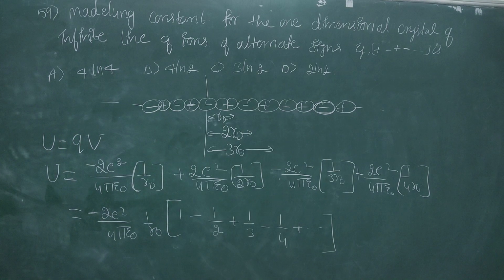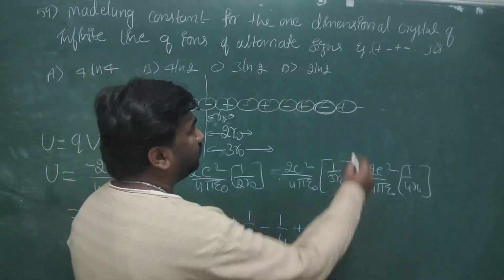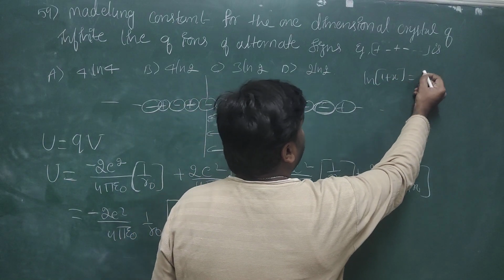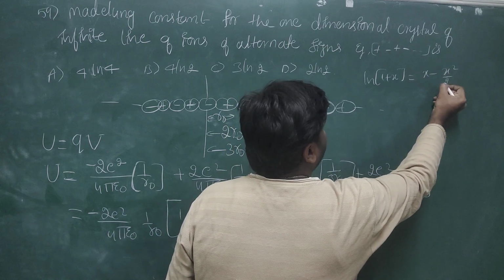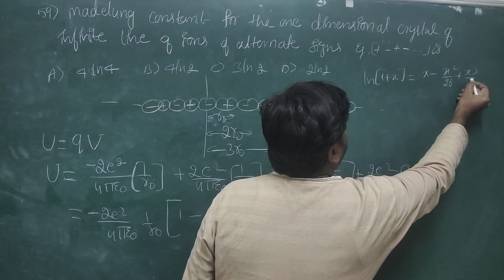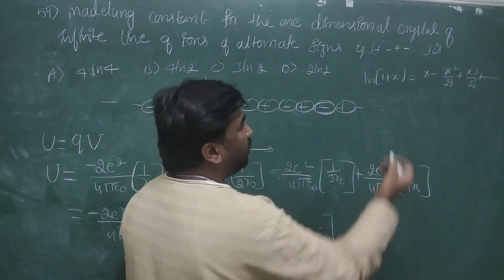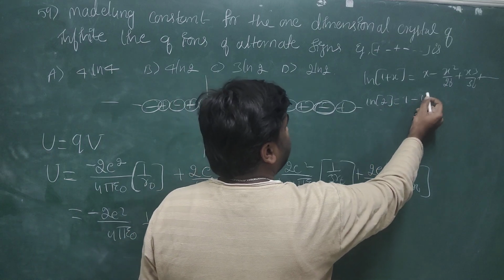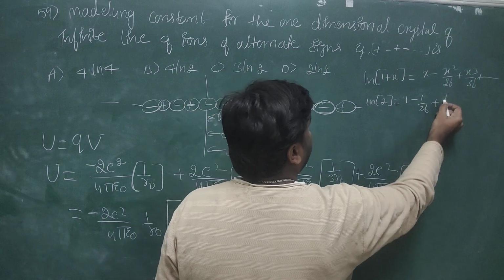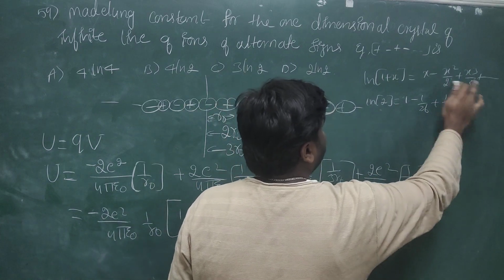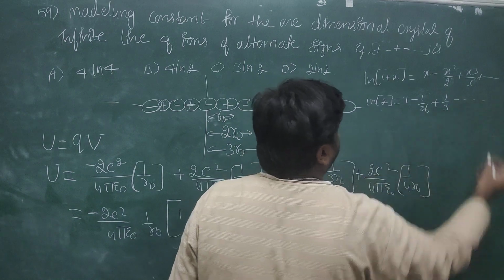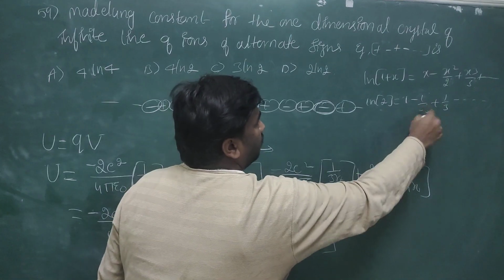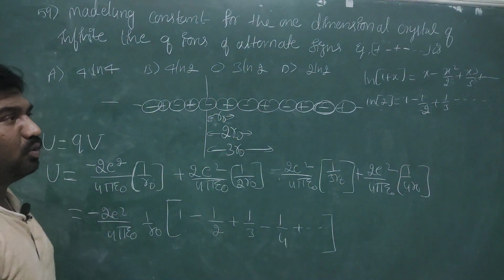We know that ln(1 plus x) is equal to x minus x square by 2 plus x cube by 3 and so on. If x is 1, then ln 2 is equal to 1 minus 1 by 2 plus 1 by 3 minus and so on.